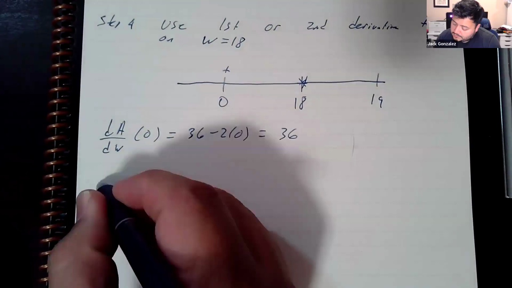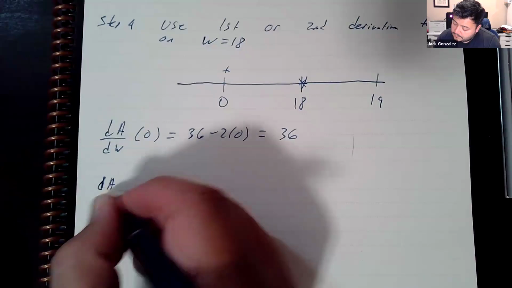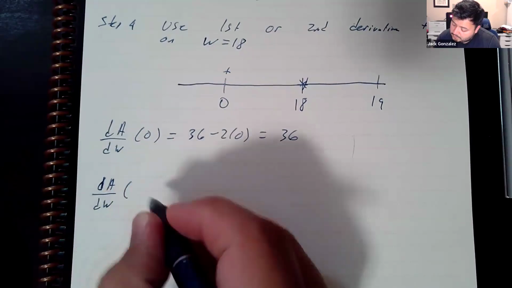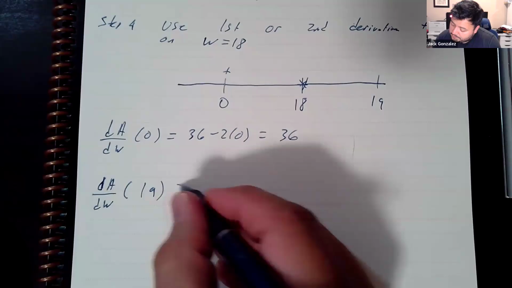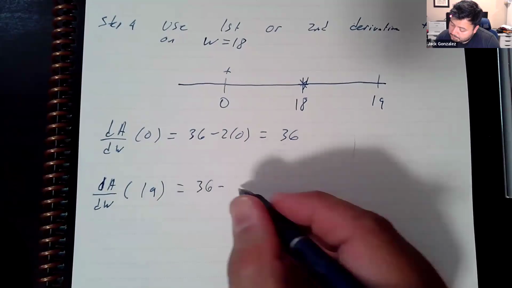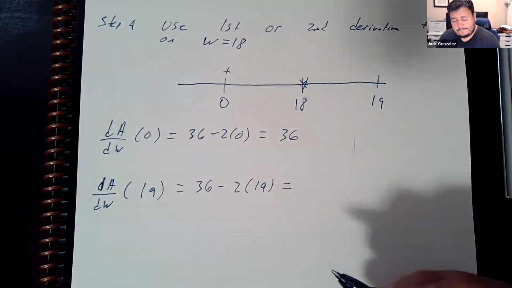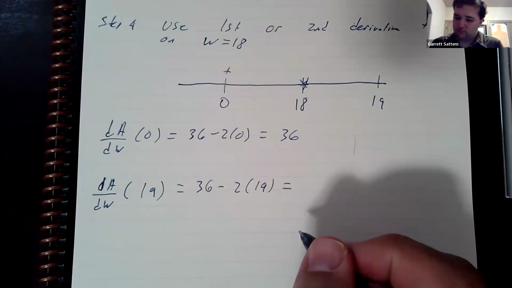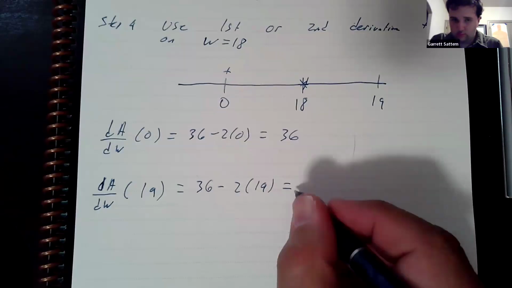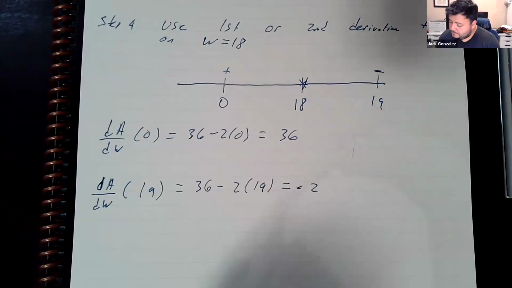Then dA/dW at 19, well, that'll be a negative, wouldn't it? Yes, it would. So we got increasing, decreasing.